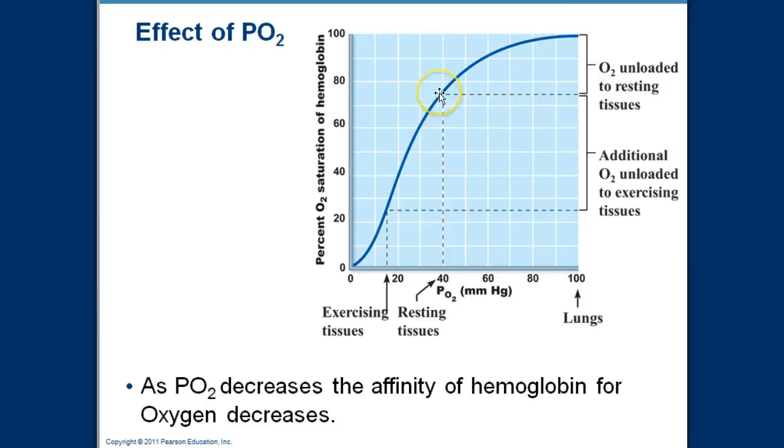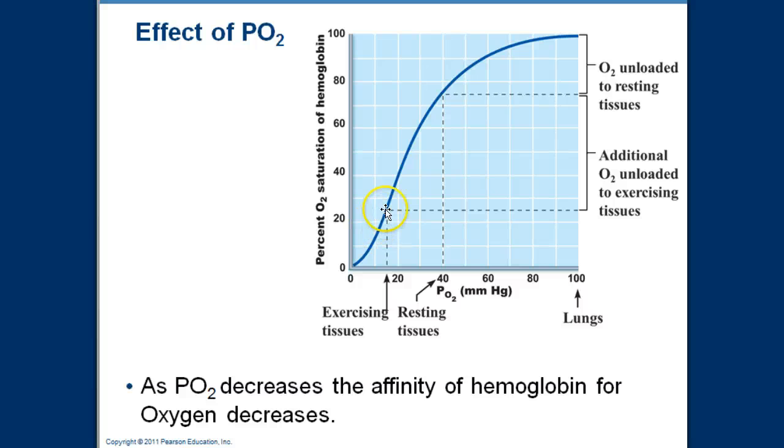And then as the blood moves into exercising tissue, hemoglobin unloads that much oxygen. Because the curve is really steep right here, it makes hemoglobin very sensitive to the oxygen levels in exercising tissue versus resting tissues, and ensures that more oxygen gets dumped off in exercising tissues than in resting tissues.